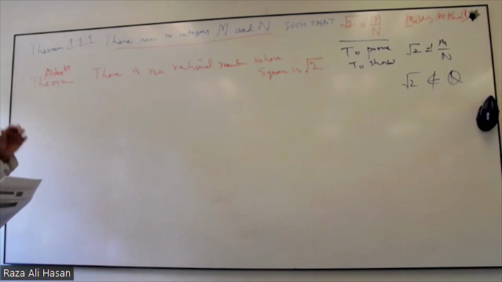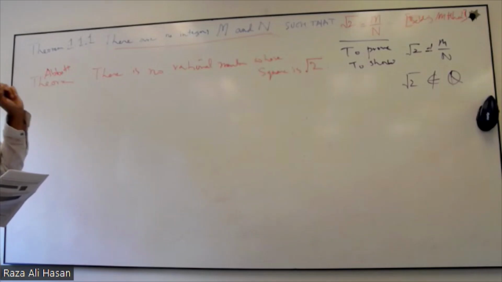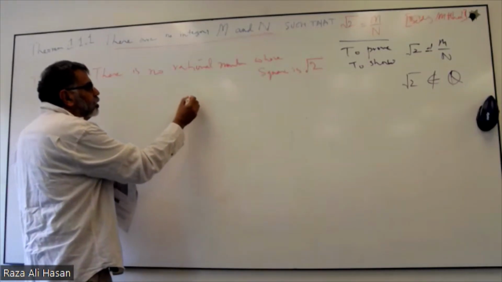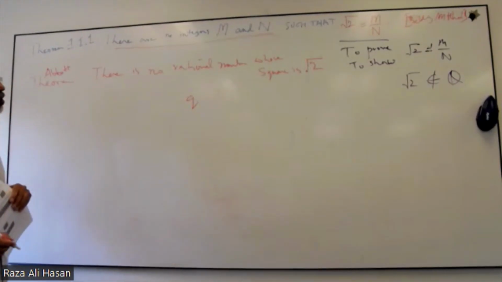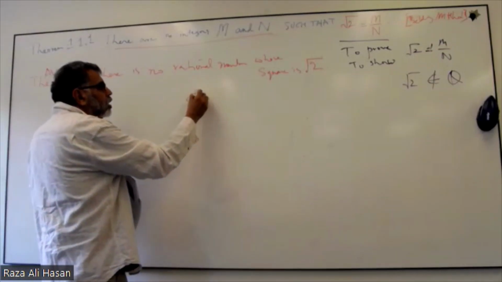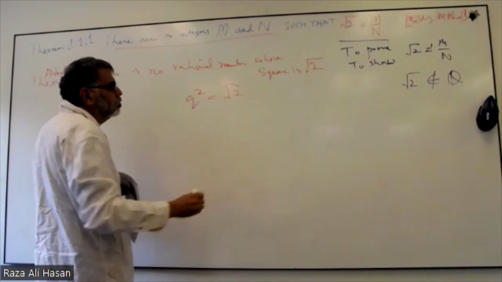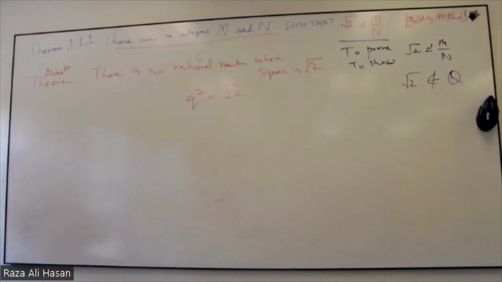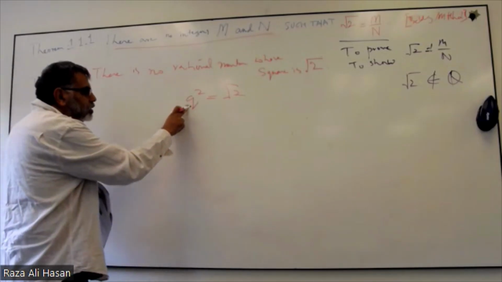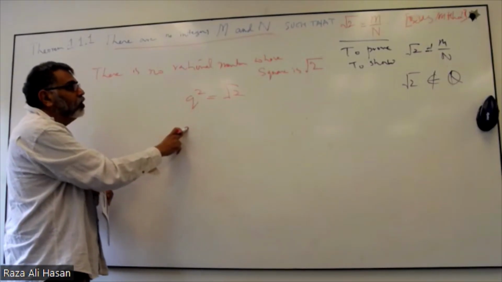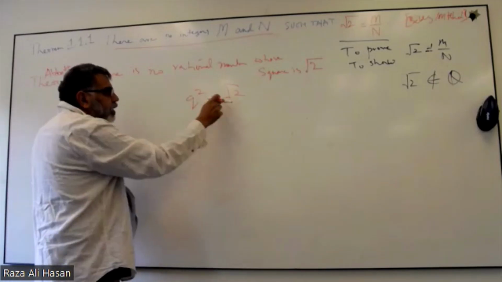So let's think about what he's saying. There is no rational number. Let's say it is Q, whose square equals square root of 2. Is that what he just said? So this does not exist. And if you square it, you're not going to get that.